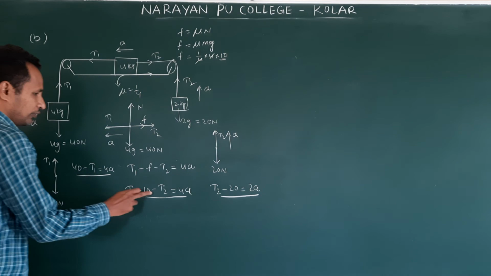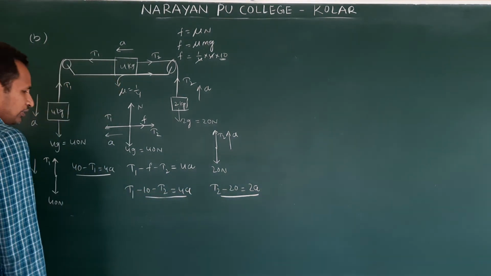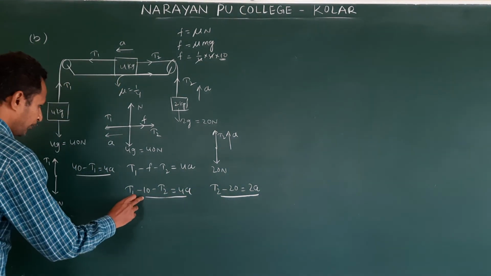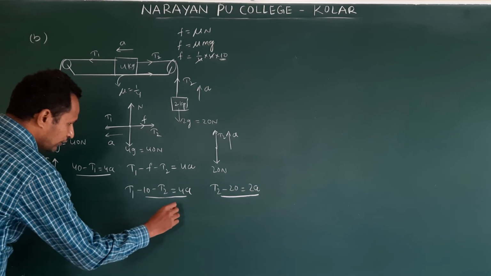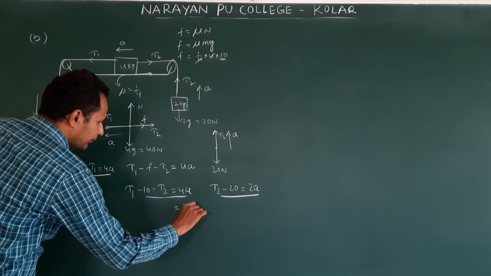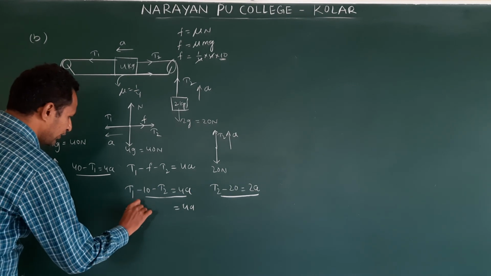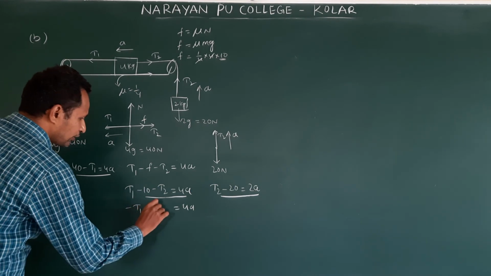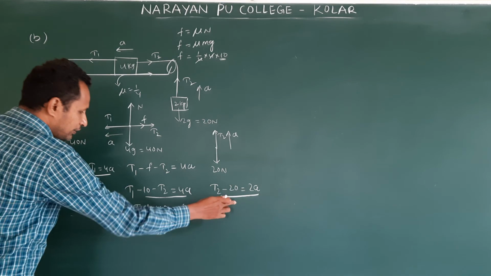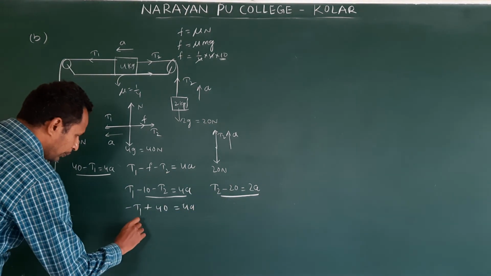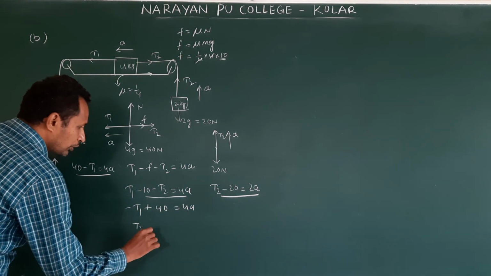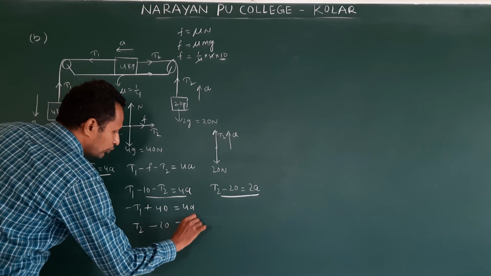So add all three equations. We get 4A here, minus T1 plus 40, and plus T2 minus 20 is equal to 2A.